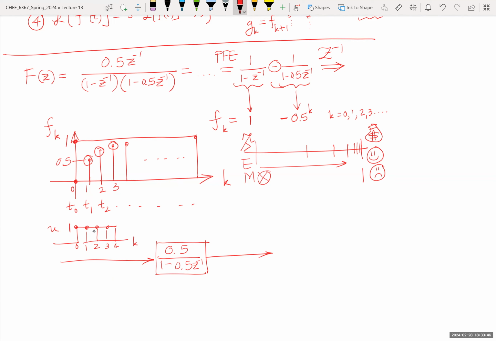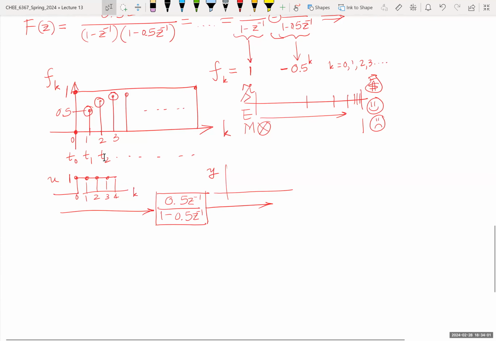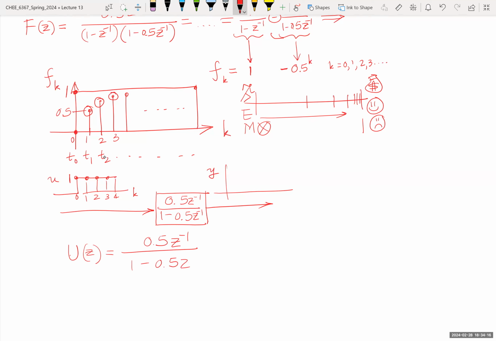Now, before I do this and find what my y is, which I already identified up here, let me find what is the equation that describes the system. So I have that in the z domain. Let me be somewhat careful with my notation, and then we'll just use convenient notation.